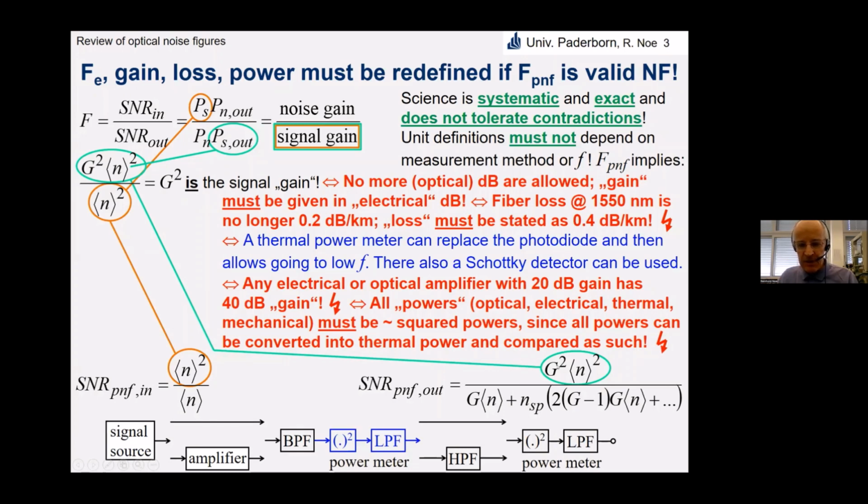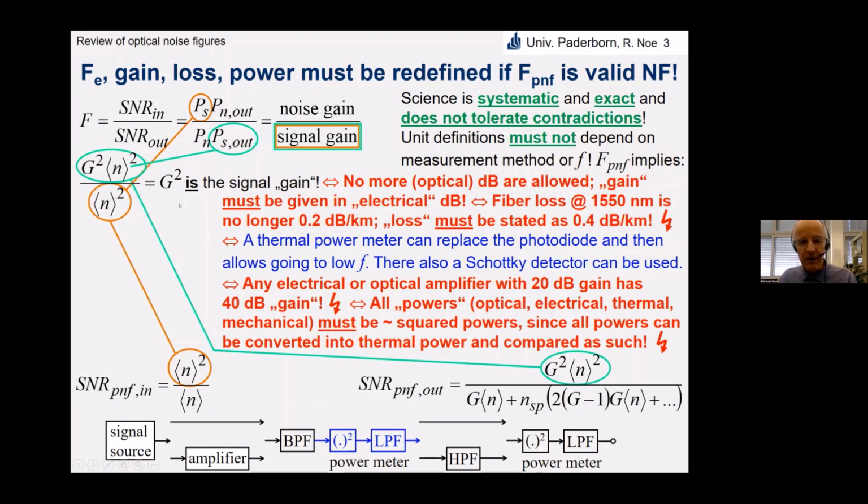This gives you immediately the quotient of these two terms, which must be the gain. But when you measure the power, you take the square of the photocurrent, and the photocurrent is itself proportional to optical power, then the power which you measure here is proportional to the square of the optical power.